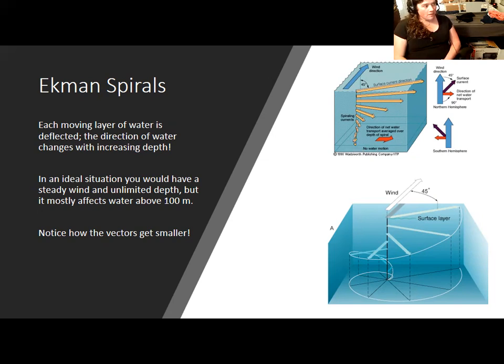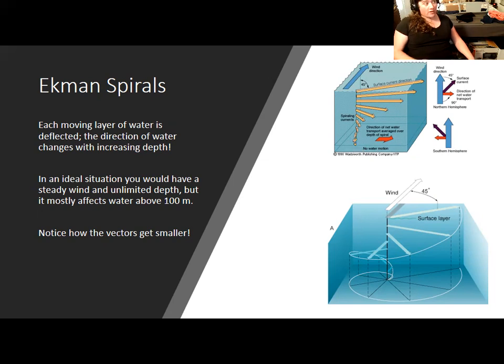But to actually summarize what direction the overall current is moving in, because we're interested in the overall direction of water. And the top 100 meters is often what we're interested in terms of how the surface water is moving. Mathematically, you make a weighted average of this.